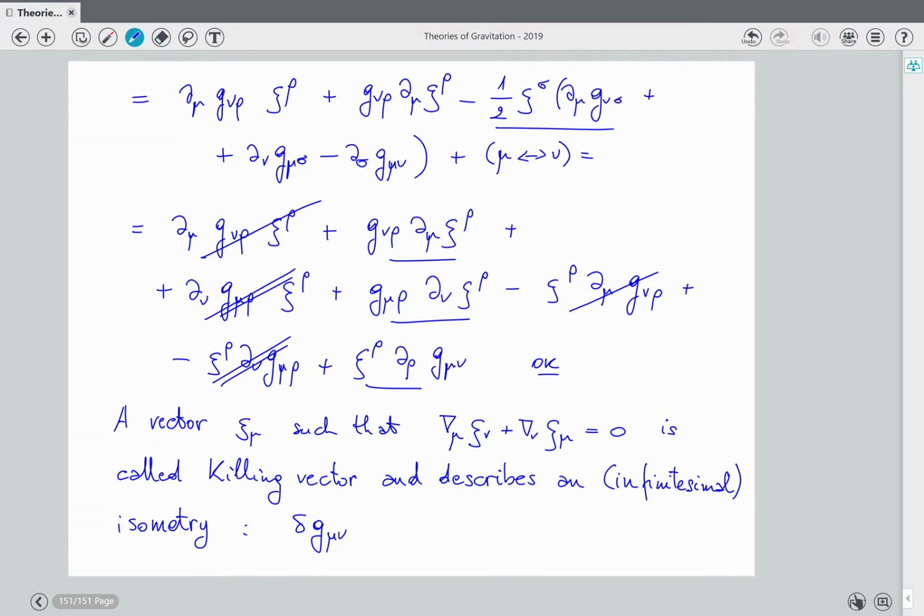That's why it is an isometry. So a transformation, infinitesimal or not infinitesimal, global or local, that does not change the metric could happen if the metric has some symmetries. It might not change at all, even if you make a change of coordinates, then you say that that change of coordinates is an isometry.